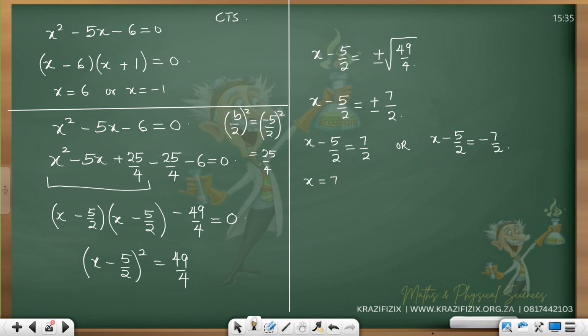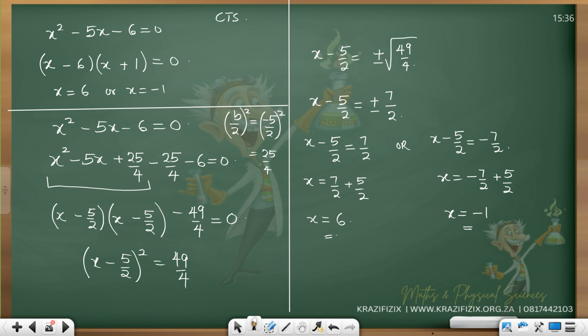What is x? 7 over 2 plus 5 over 2. That is 12 over 2, and that should give you 6. Or x equals to minus 7 over 2. This becomes plus 5 over 2. 5 minus 7 is negative 2 divided by 2, negative 1. Same answer.